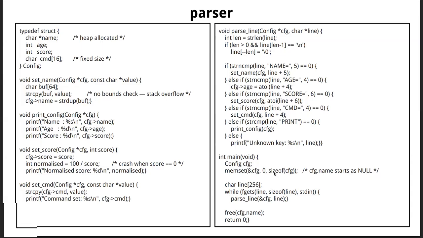We define a structure for cafe. Cafe has a pointer, which is a name. This is just a pointer, just an address.